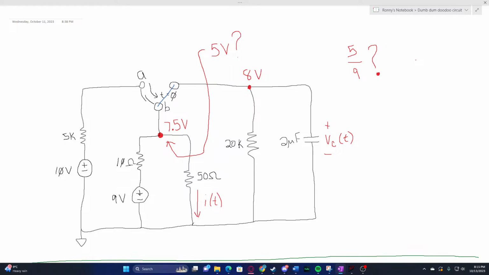Is that possible? Honestly, what is 50 in parallel with 10? Yeah, oh yeah, I was saying about 8.33 something ohms. Yeah, nothing crazy.